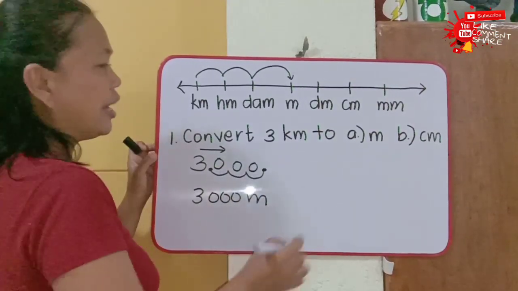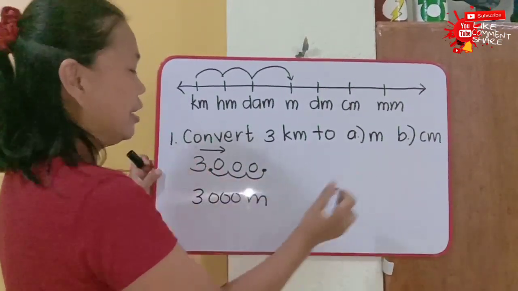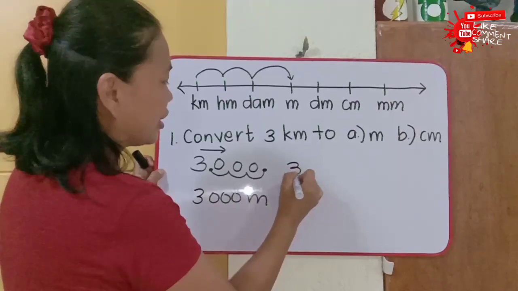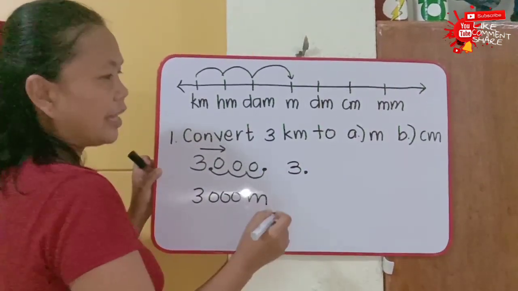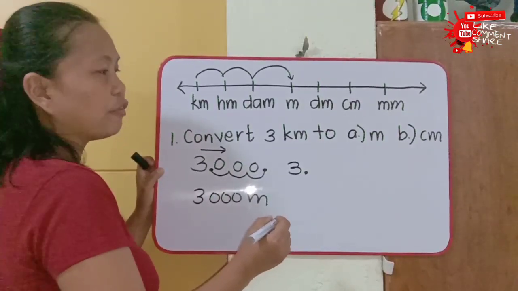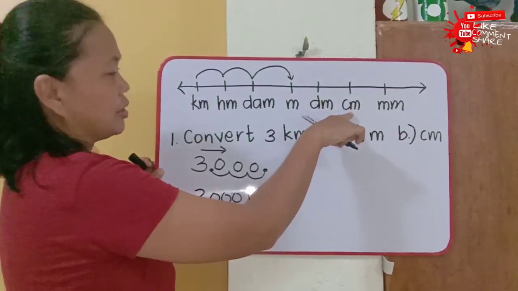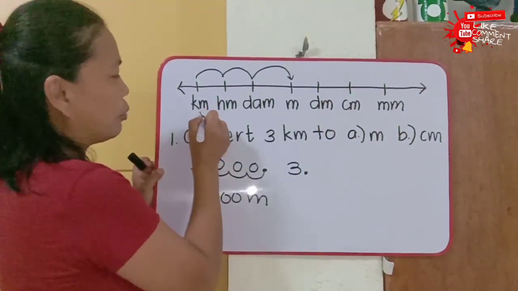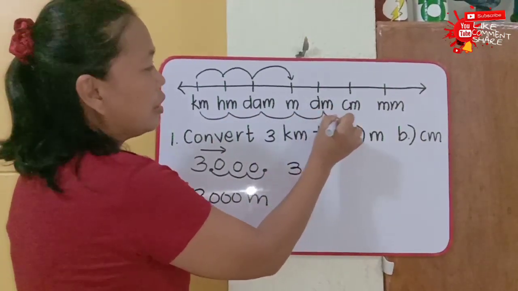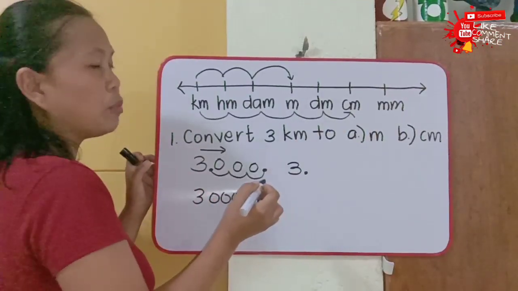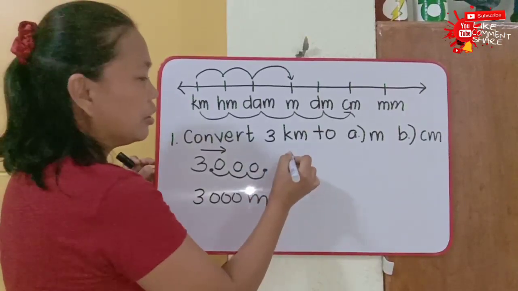Now, let us convert 3 kilometers to centimeters. Again, we write 3 here, then the location of the decimal point. Then let us count the movement of the decimal point from kilometers to centimeters: 1, 2, 3, 4, 5. So we have to move the decimal point 5 times. And what is the direction? To the right.